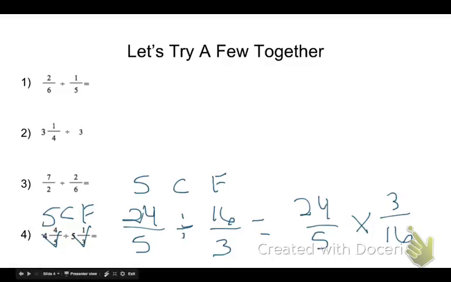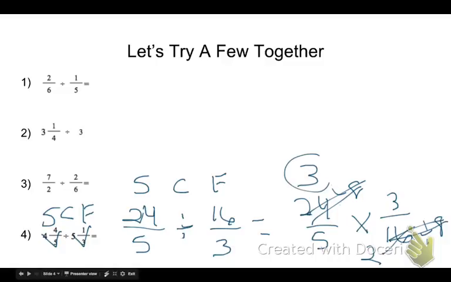I'm going to look up 24 and see if either of those numbers are factors of 24, and I'm going to pick the highest one, which is 8. 8 makes 16 and 8 makes 24. So I'm going to divide both of them by 8. 16 divided by 8 is 2, so I simplified it to 2. And 24 divided by 8 is 3. So I have simplified 24 and 16 down to 3 and 2. Those are much easier numbers to work with.